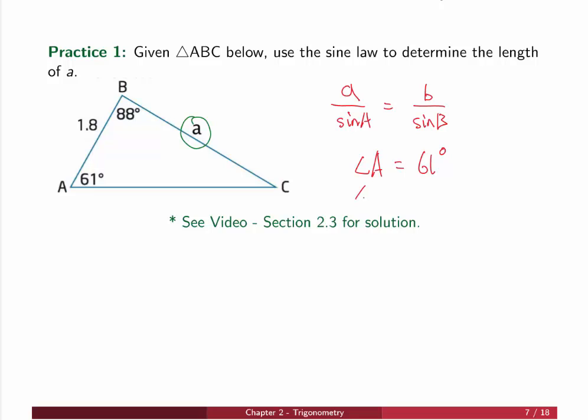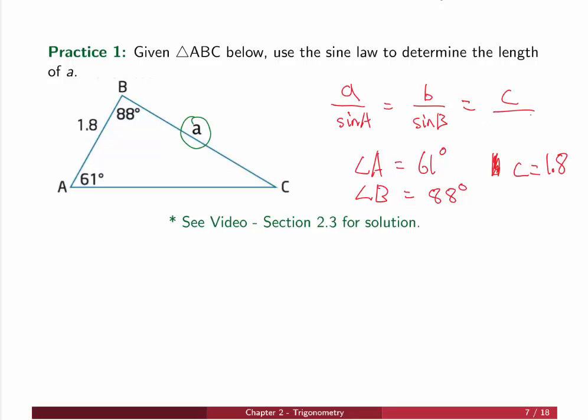We need to know angle B, and we do, it's 88 degrees. We need to know side length of one of these two guys. In this case, we actually know the side length of C, which is 1.8.